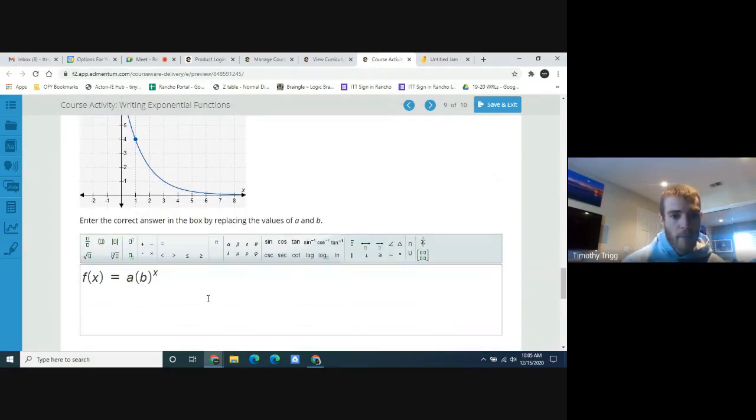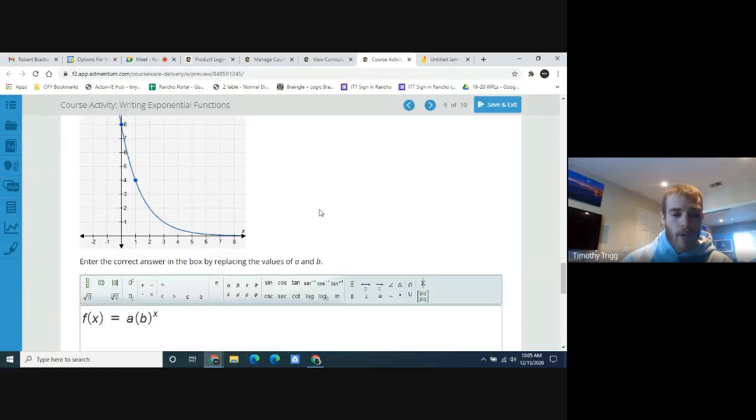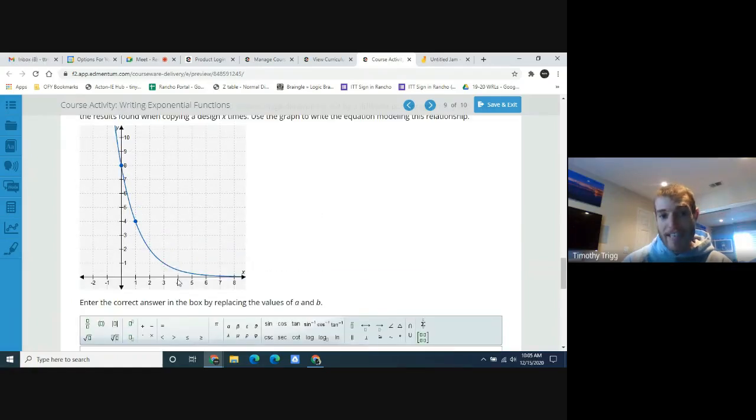Enter the correct answer in the box by replacing the values of A and B. So what's the starting amount here? See if you can figure that out. What's the y-intercept, in other words? And what's the decay rate, right? It's decaying, it's going down.